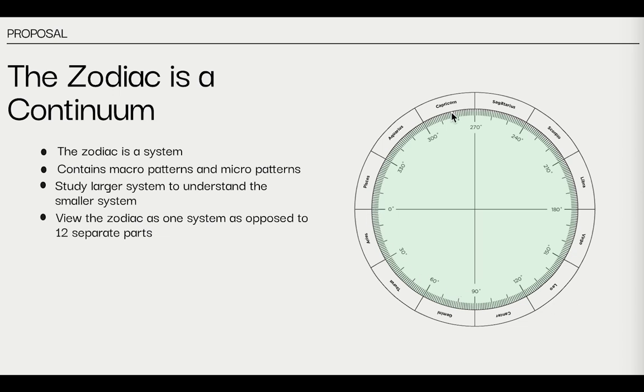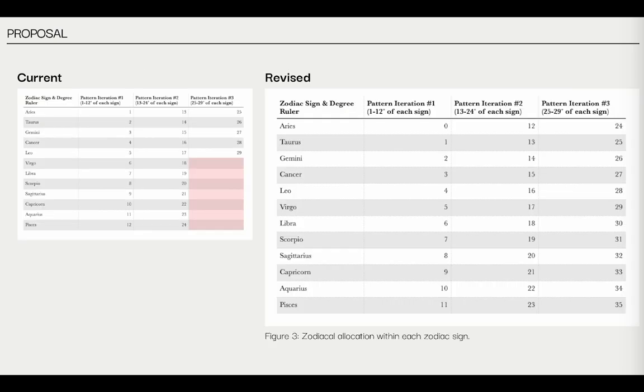And so that's what this graph here is showing, a continuation of the degrees all the way around the circle. So with that, my proposal is, again, to apply the zodiacal pattern equally throughout the 360 degree circle, beginning at 0 degrees Aries.